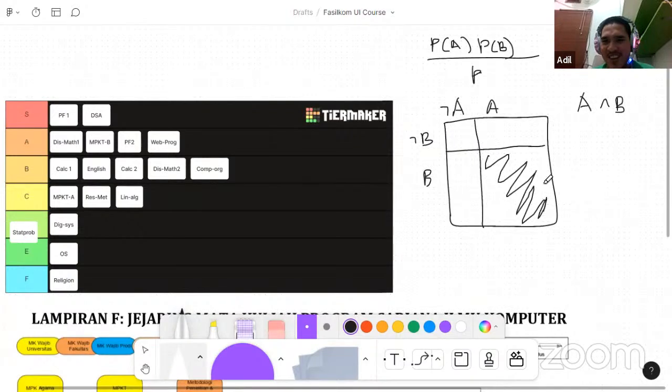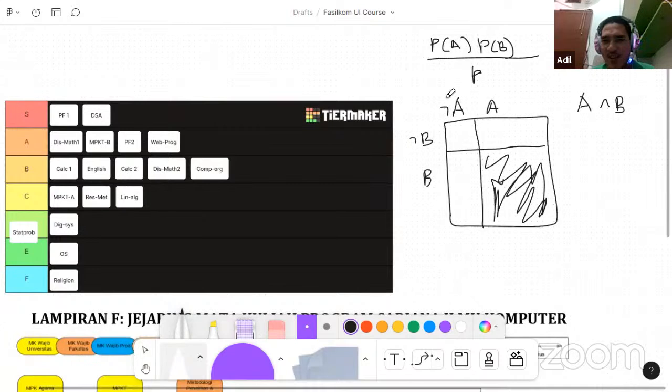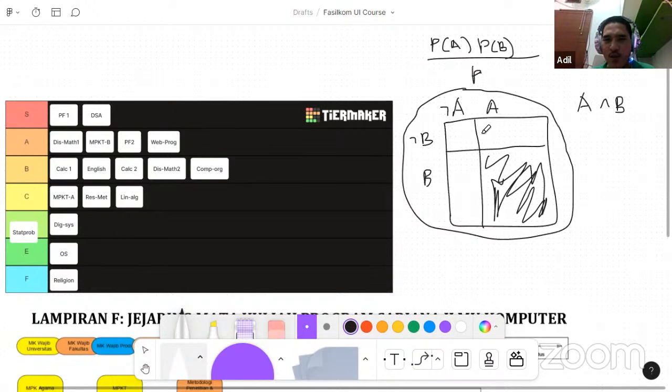Not that one, this big part. This whole framework is very useful if you want to make statistics and probability more intuitive.